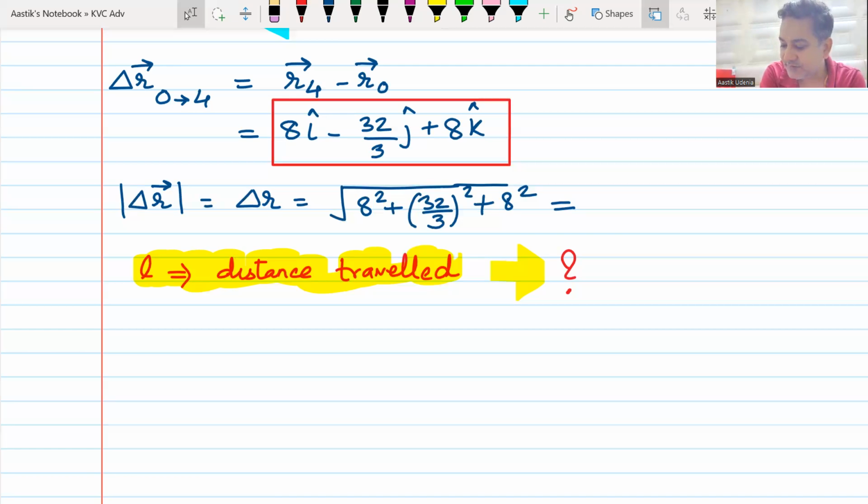So leave some space here, and we will move on to S is equal to U plus AT.